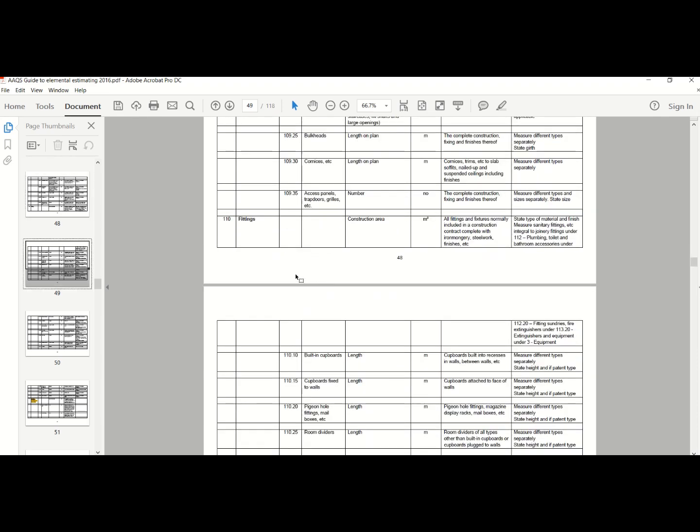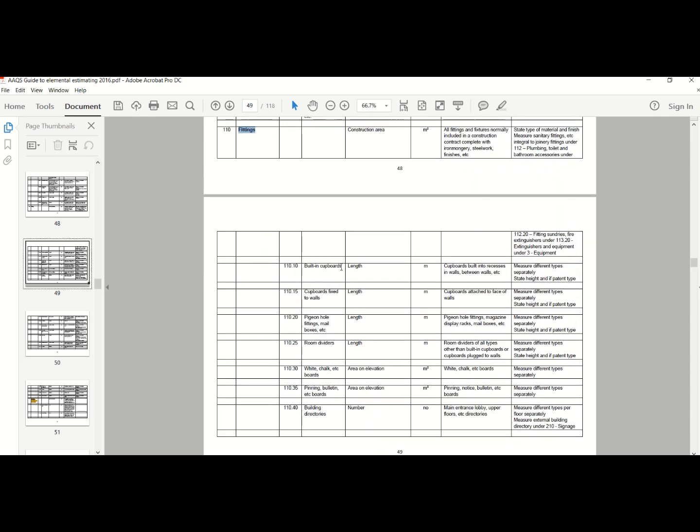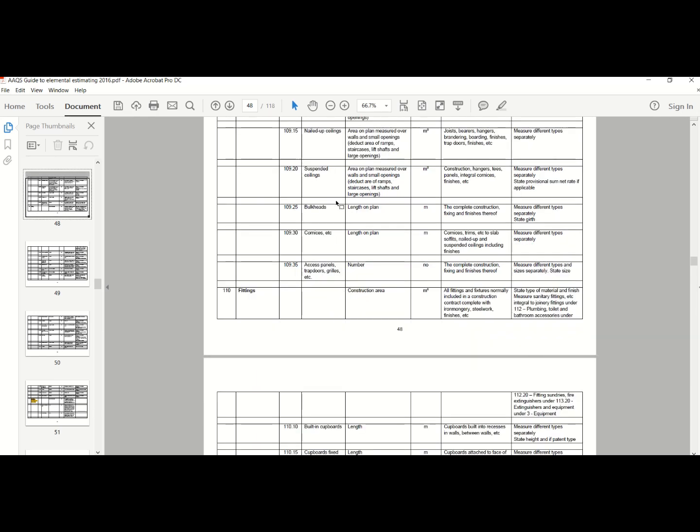And then you would get your fittings, which are just special items, like for instance your cupboards fixed to walls. The main objective of the guideline is to make sure that you do not miss anything. That's the whole idea. I'm currently on our ASAQ QS elemental guideline. As I mentioned at the beginning, you go through it, you tick off systematically everything that you measure, you put it in your elemental estimate, and you populate your Excel spreadsheet like that.